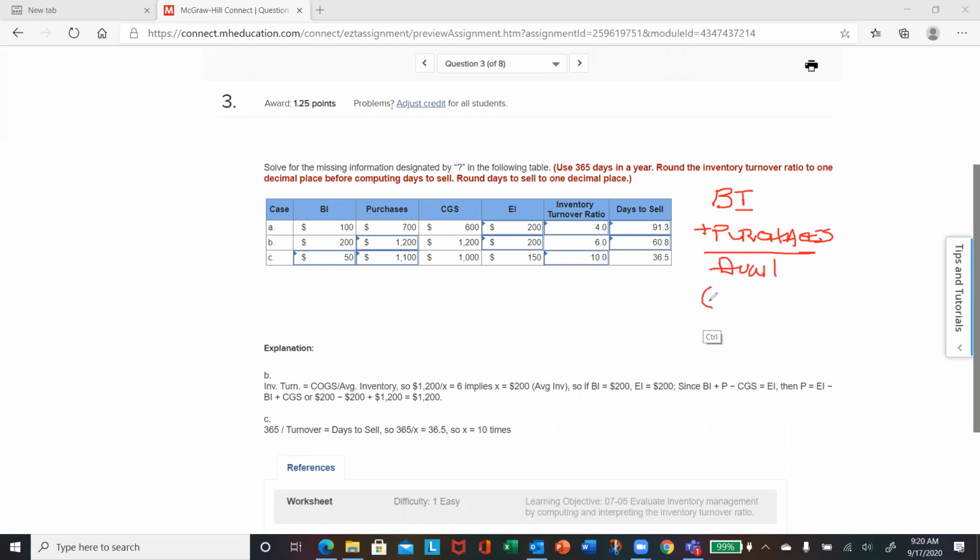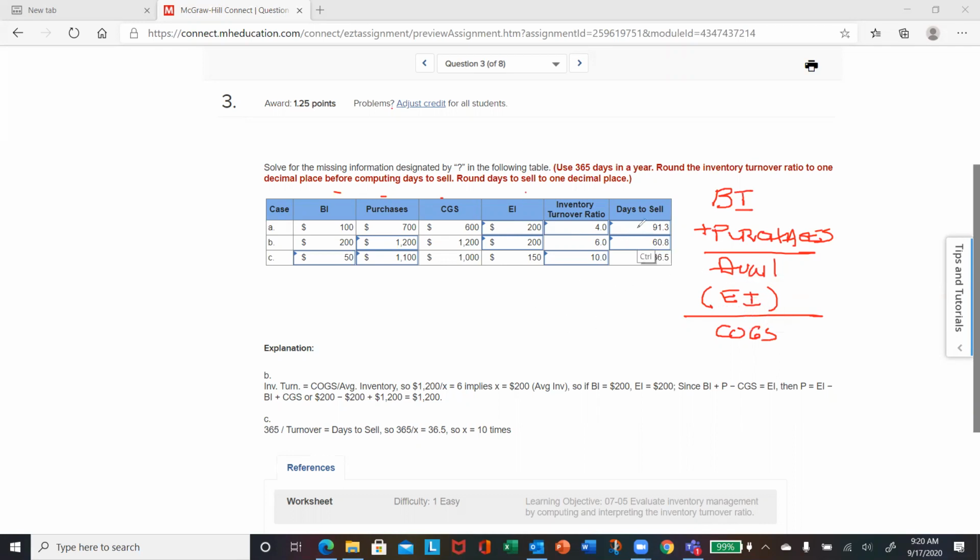And then, of course, if you subtract out your ending inventory, that would give you your cost of goods sold. Whatever is the missing amount for any one of these, you would simply plug it into this equation. And in some cases, you might have to work it backwards.